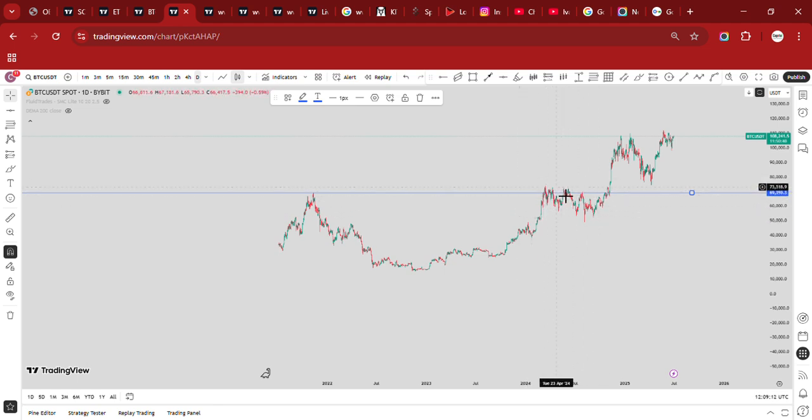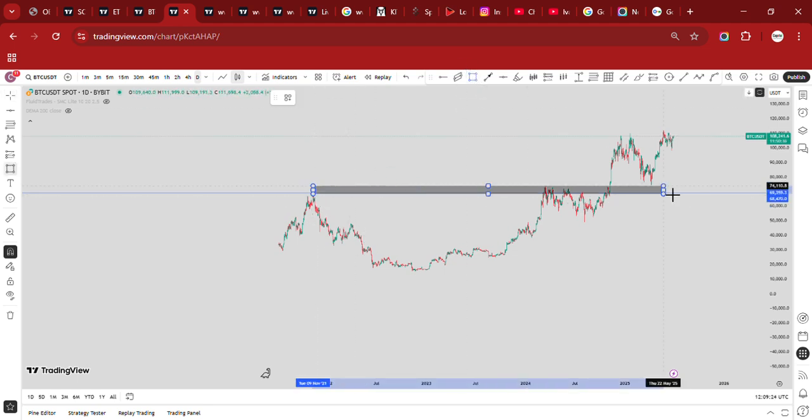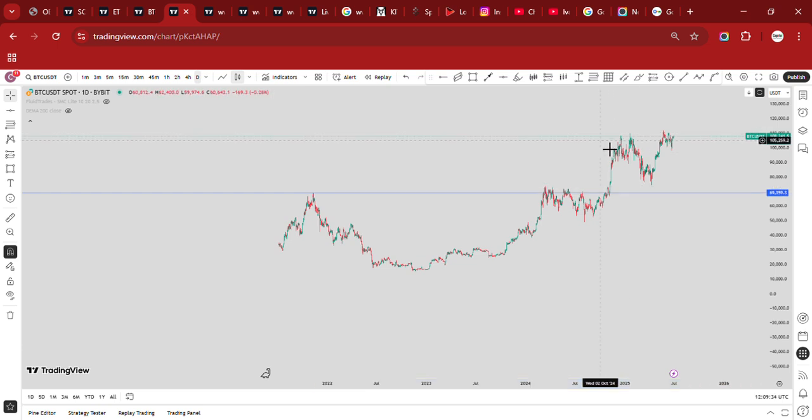So instead of putting it at the upside, you can put a box, for those of you that already know how to mark out your support zone or resistance zone. So the area from this beginning to this end is the area of your support or resistance zone.